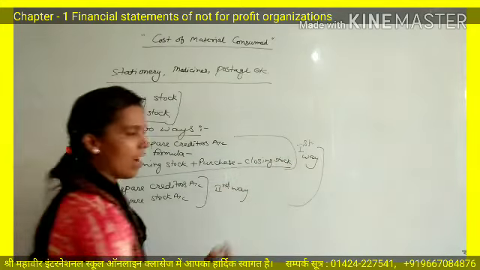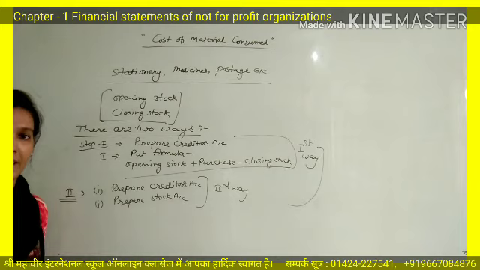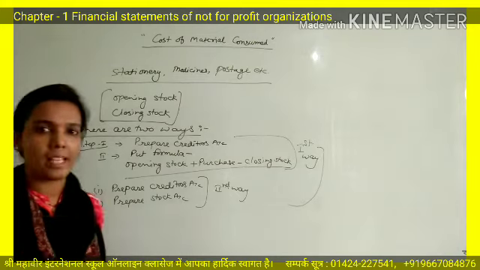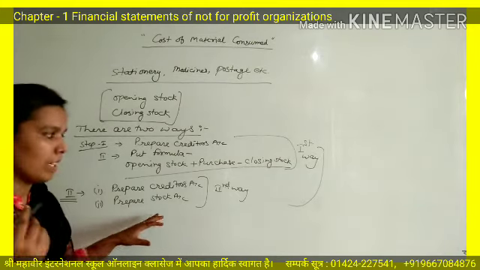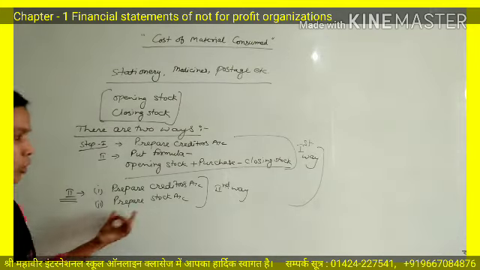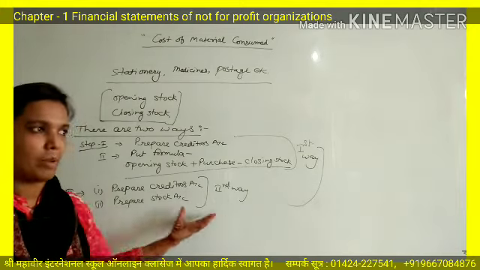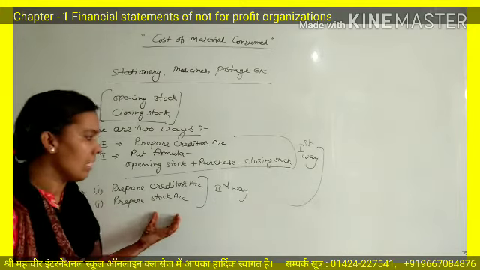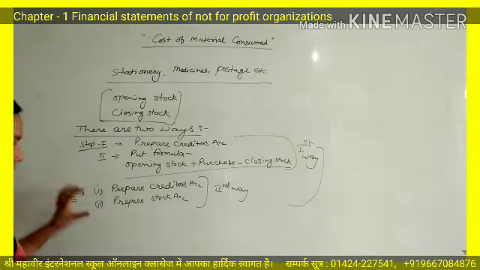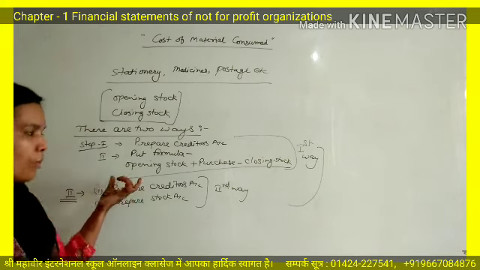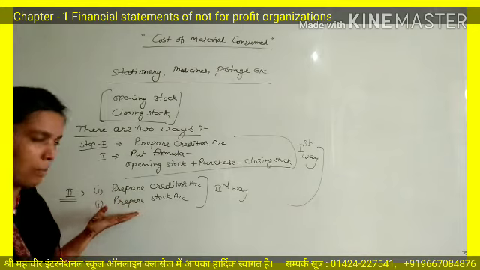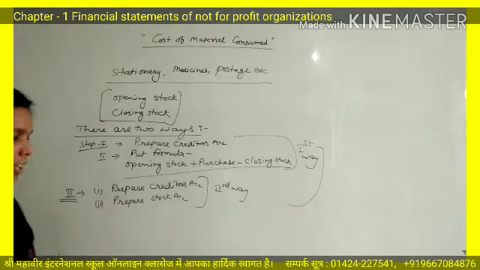Both ways are for finding the cost of material consumed to be shown in the income and expenditure account. But in my opinion, you should follow the second way. The second way will be more convenient for you. Easily you can find the proper answer with the help of this second way. You will not get confused while preparing accounts, but in the first you may get a little confused.